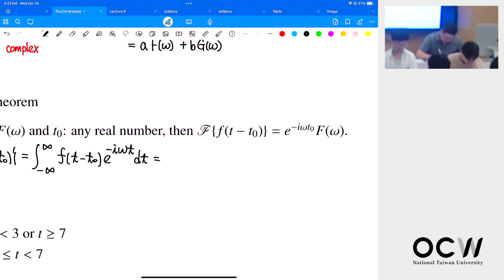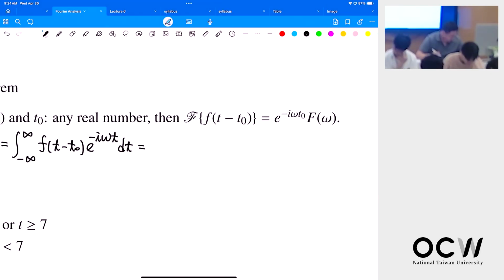So I have f of t minus t naught, then I get e to the minus i omega, here I have t minus t naught.